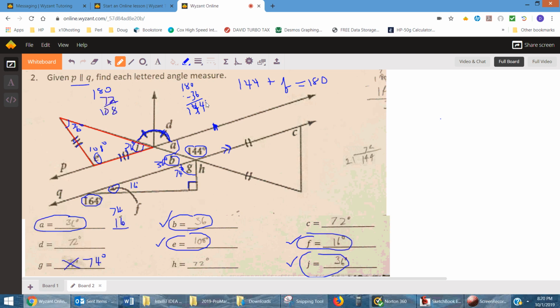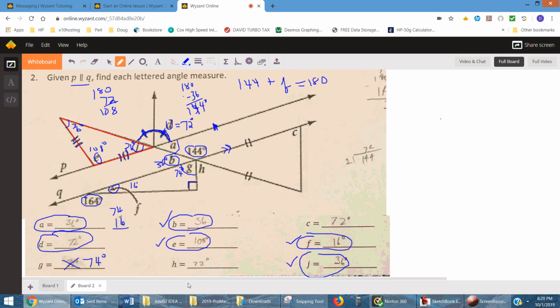Okay, so this entire angle has to add up to 144, but these 2 tick marks indicate that this ray bisects that angle, so angle D is half of 144, or 72. So angle D, 72. I agree with that.